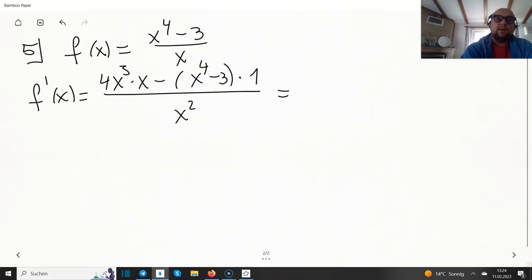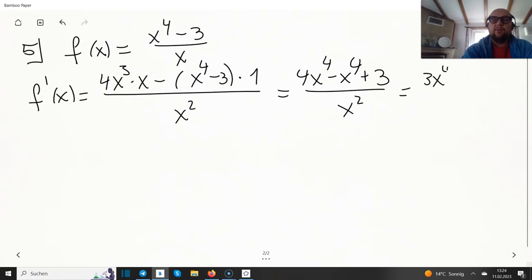So we are going to get 4x to the power of 4 minus x to the power of 4 plus 3, which is still divided by x squared, of course, and which is 3x to the power of 4 plus 3 divided over x squared. And here we go.